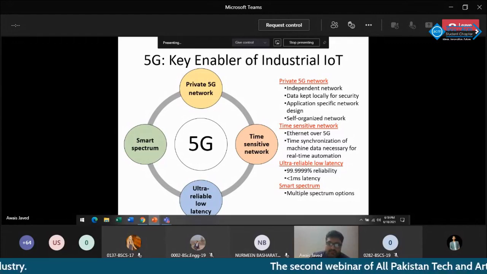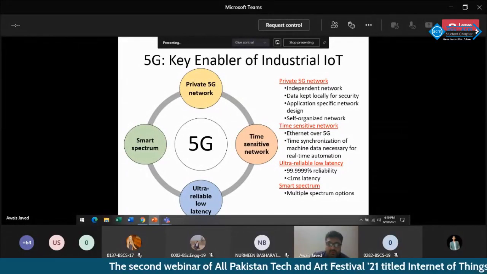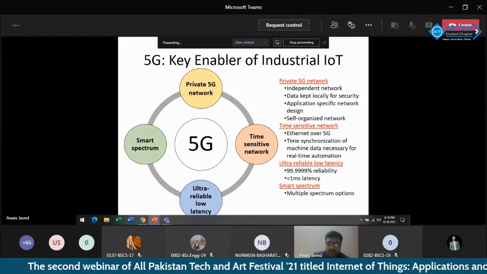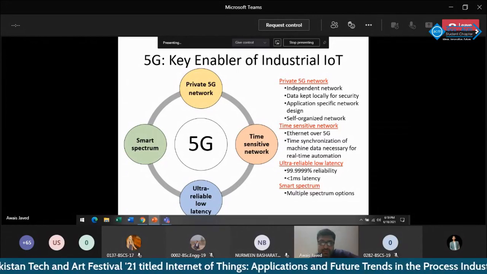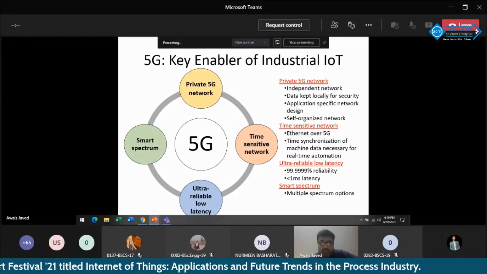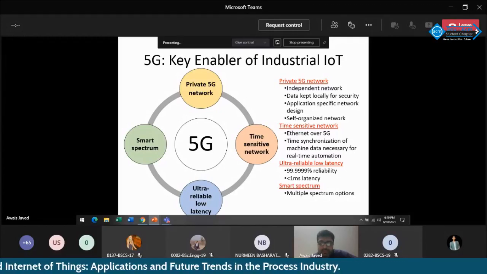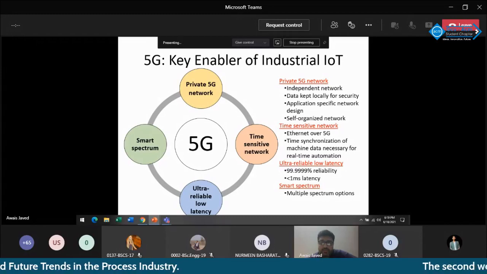As a result, multiple spectrums can be utilized for industrial IoT applications. So 5G is basically a key enabler of industrial IoT, and in the next 4 to 5 years, when 5G will be fully standardized, a lot of industrial IoT applications can be realized with the help of it.